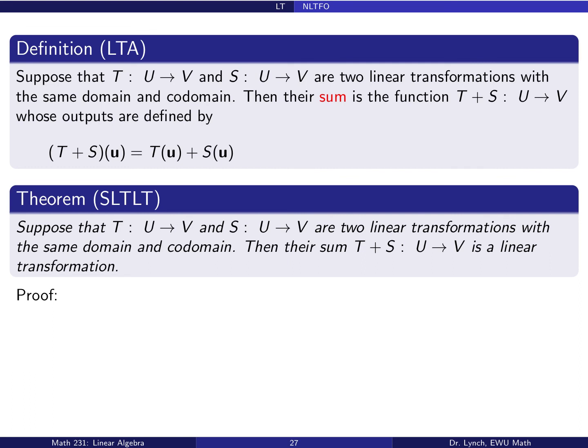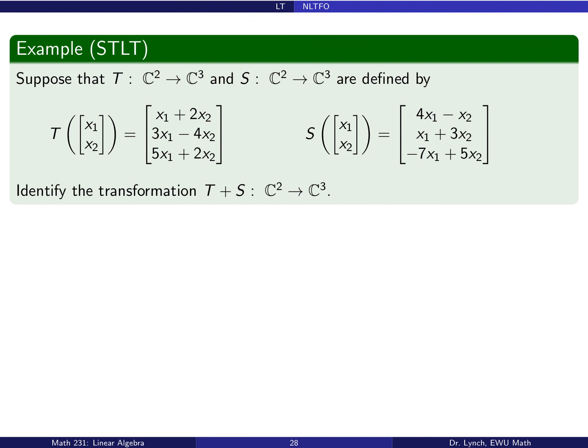I won't go through the proof of this, but we just show that the image of the sum is the sum of the images, and the image of a scalar multiple is the scalar multiple of the image under this new addition. I'll just refer you to the book here, but it turns out that you can talk about a sum of these linear transformations, and it should remind you a lot of the sum of the corresponding matrices.